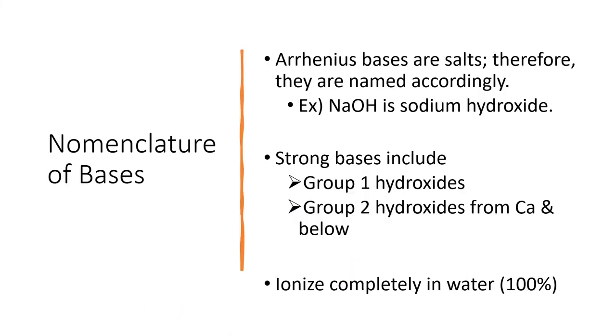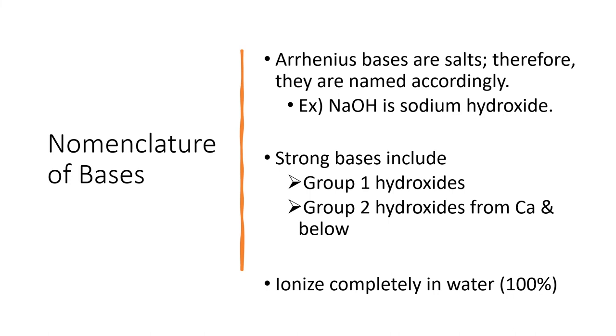Remember that for naming bases, they're salts, so they're named accordingly, just as we've done in the past with ionic substances. So NaOH, sodium hydroxide. Strong bases consist of group 1 hydroxides and group 2 hydroxides from calcium and below.